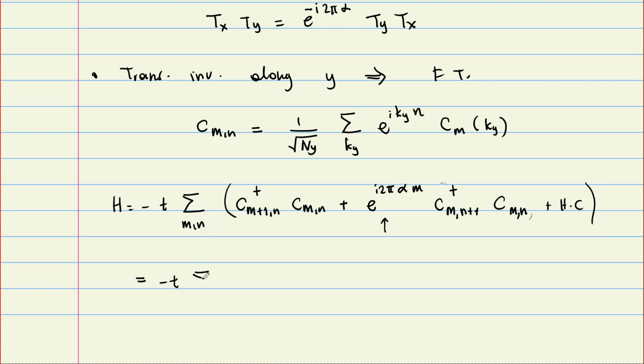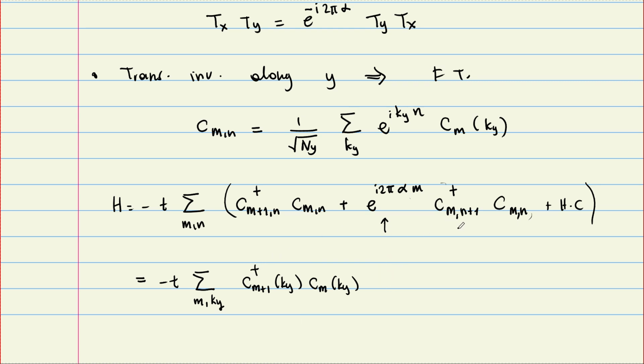So there will be only m dependence, and n dependence will be replaced with ky. So this thing is going to be c m plus 1 ky. You can see ky is diagonal here, and this is the same thing, but this one is m, and this is dagger.